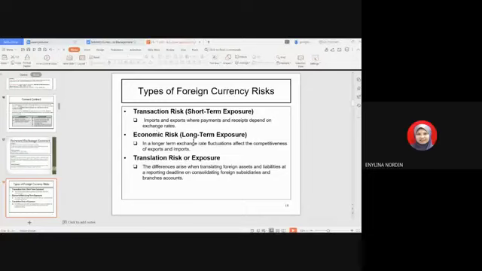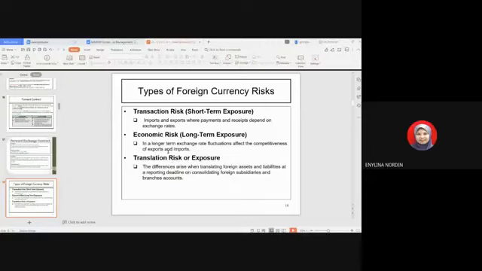So what is the transaction risk all about? This is about import and export, where payments and receipts depend on the exchange rate. When we are dealing with foreign countries, that means dealing with import and export involving foreign countries, so the payment and the receipt depend on the exchange rate. The amounts received and the amounts paid for the import are subject to the daily fluctuations of currency.